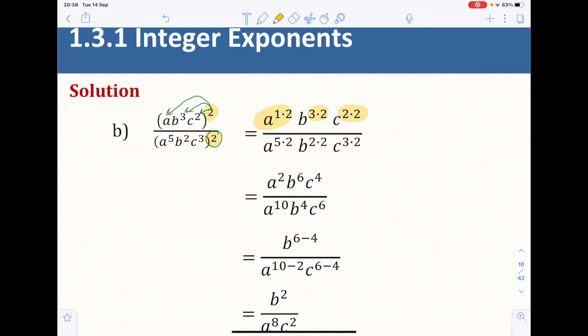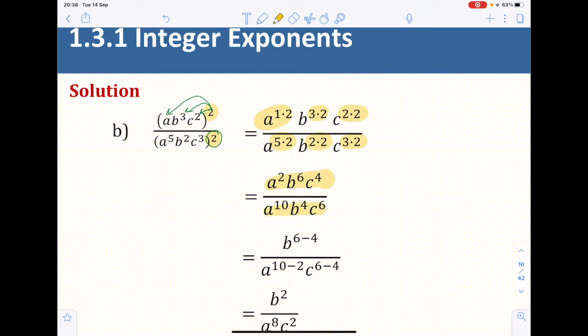The same thing I will do in the denominator, A to the power 5 times 2, then B to the power 2 times 2, then C to the power 3 times 2. Now I just do the multiplication, so I will get A to the power 2, B to the power 6, C to the power 4, and the same thing in the denominator.